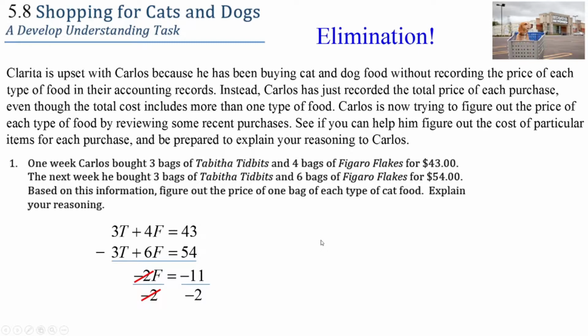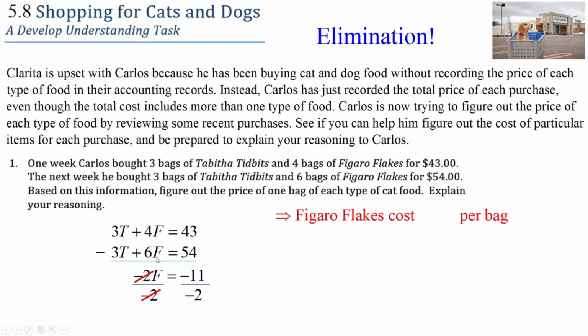Now think about this a second. The factors of negative 2 cancel on the left, leaving our factor of f, and f equals negative 11 divided by negative 2. So what's a negative over a negative? It's positive, and how many times does 2 go into 11? That would be 5.5.